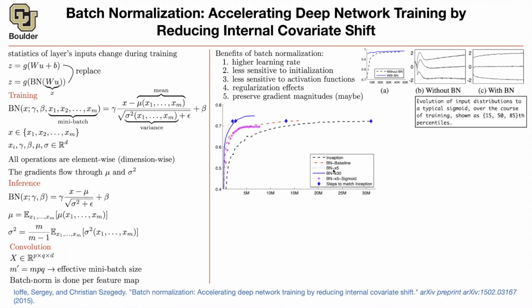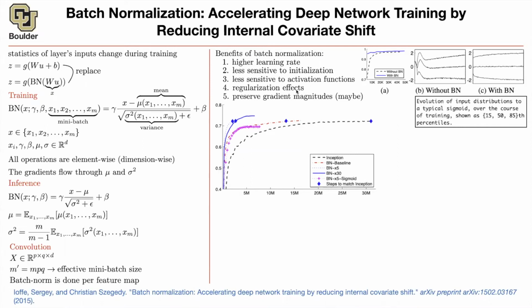Then you have batch normalization with 5 times bigger learning rate, which is going to get you here much faster. Then you have batch normalization 30 times faster. Basically, that's your learning rate 30 times bigger. You can change the sigmoid.